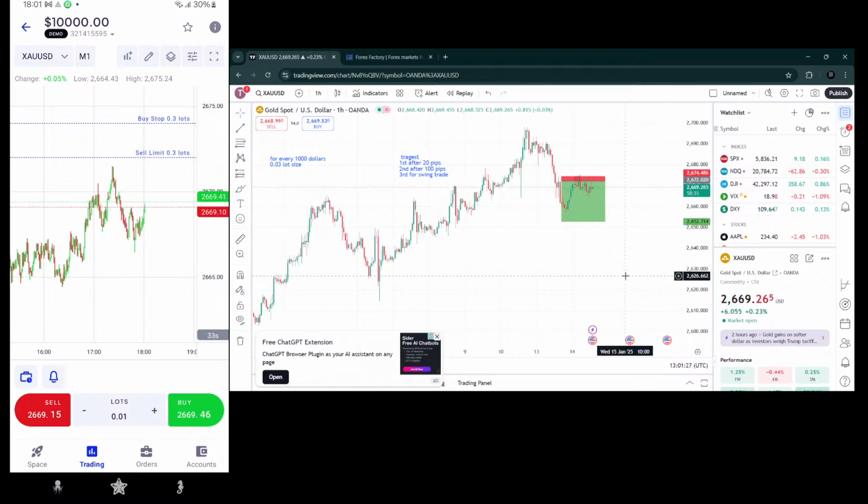Market is going up and 2669.07. Wait for the news, because at the news time market will move one way or another, and we'll see what happens.